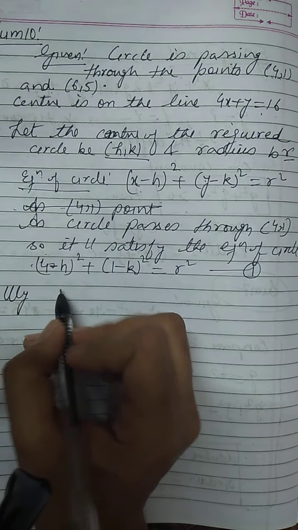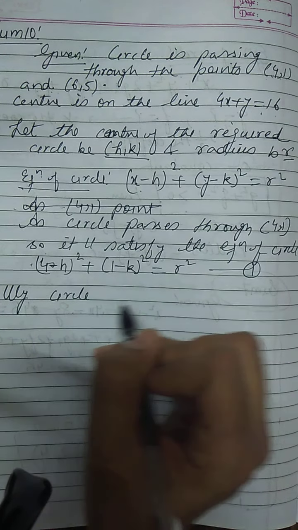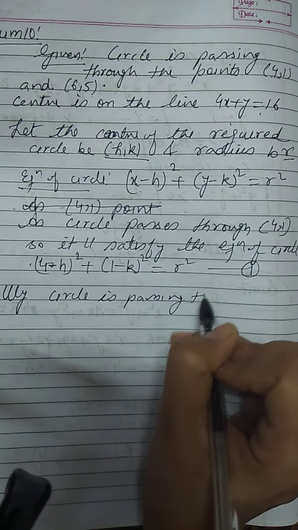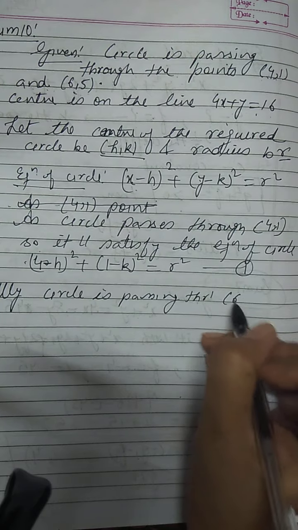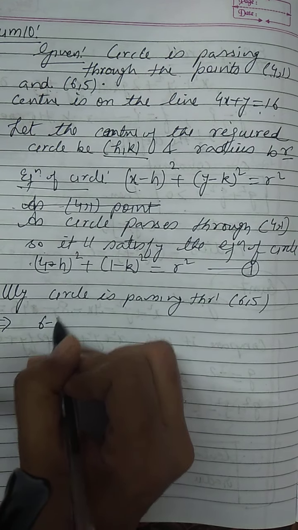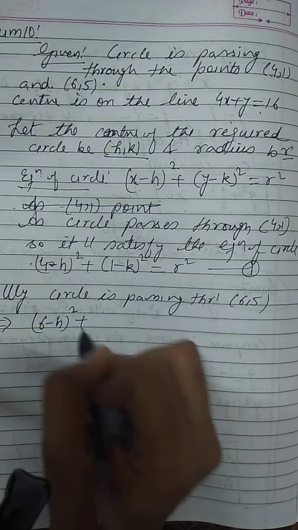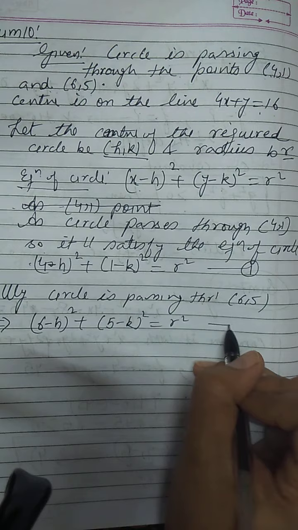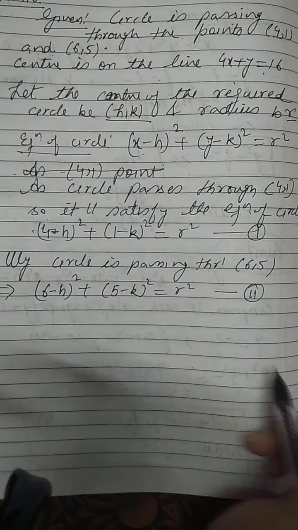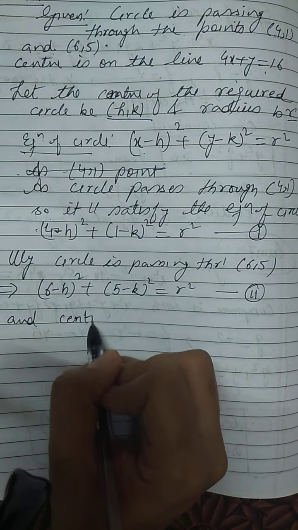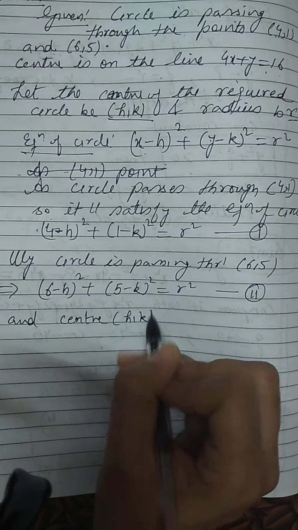Similarly, the circle is passing through the other point given, (6, 5). Corresponding to this, we will get (6 minus h) square plus (5 minus k) square equals r square. This is the second equation. And we have the center (h, k).